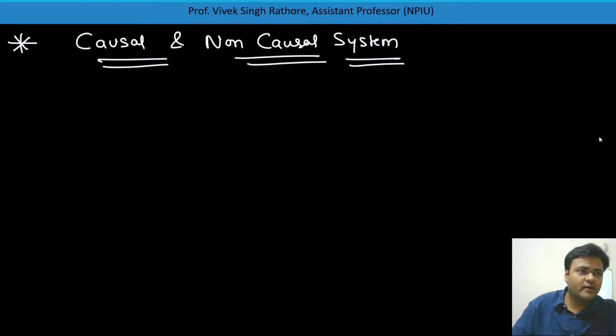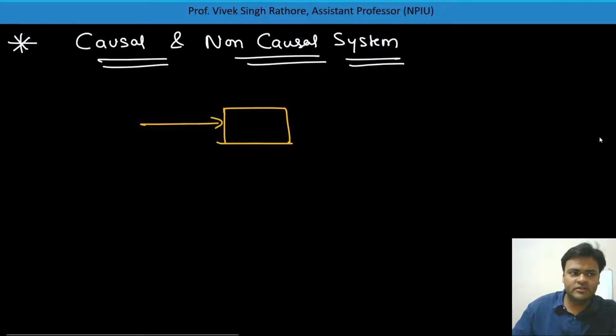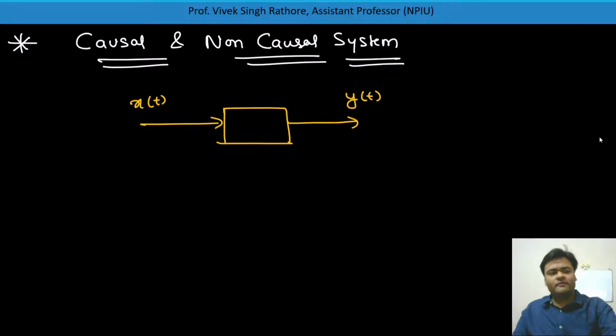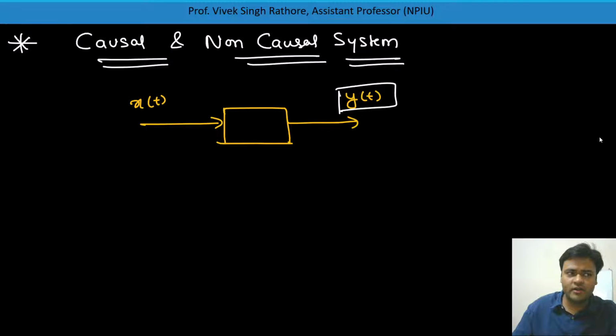We are giving an input to a system and we are getting some output. Let's suppose x(t) is the input and y(t) is the output. This is the response of the system for input x(t).